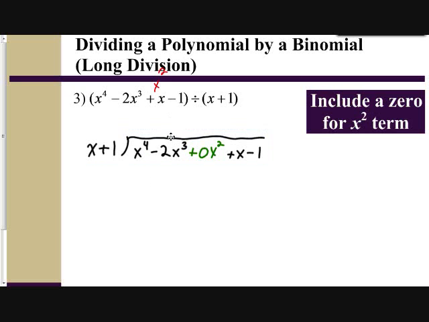So this is what our division would look like. We have x to the fourth minus 2x cubed plus 0x squared plus x minus 1. And we're dividing by x plus 1. So again, we look, what do we multiply x by to cancel out x to the fourth? And that would be an x cubed. Distribute: x cubed times x gives you x to the fourth.